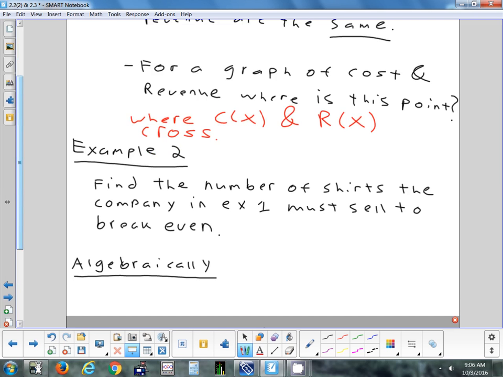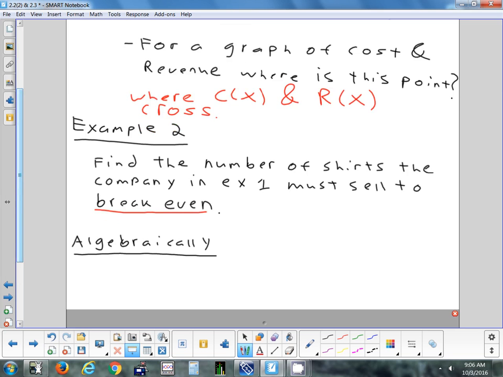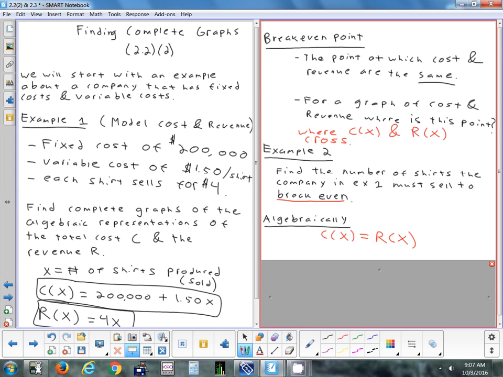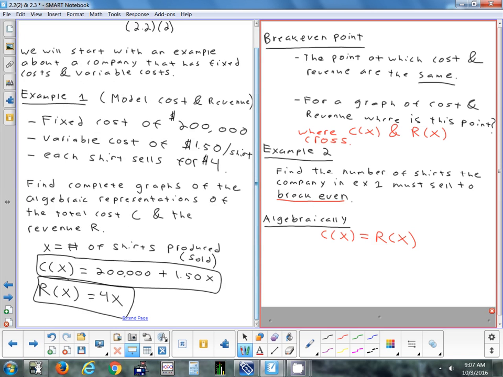Right, so can somebody remind me again, what does it mean to break even? It's where what equals what again? It's where cost equals revenue. Where revenue equals cost. Same thing. So that's what I want to figure out algebraically. Where does cost equal revenue? Okay, let's go back to our formulas.